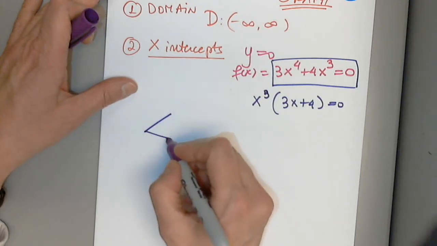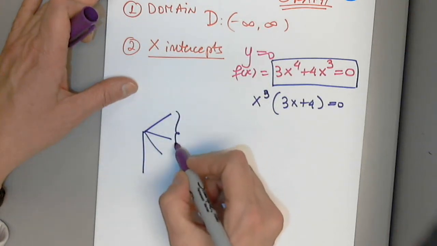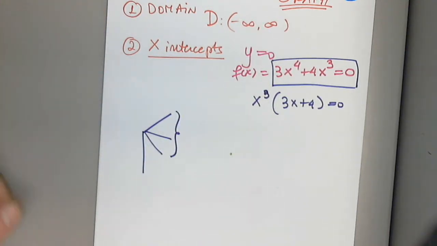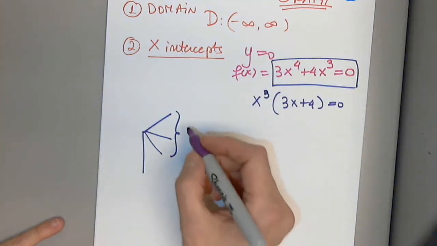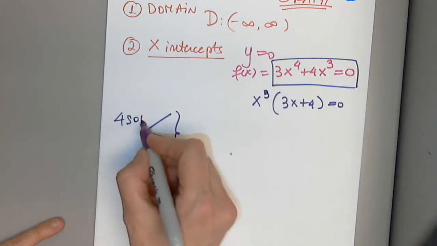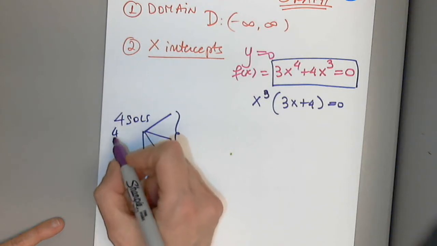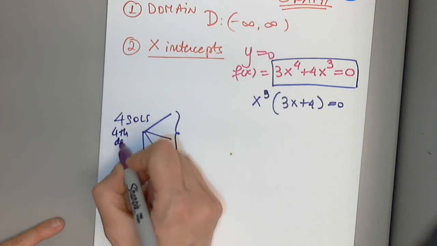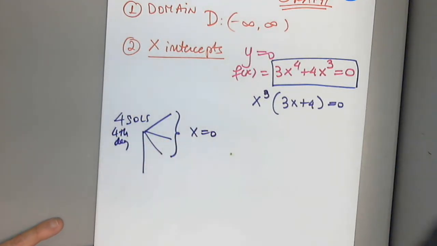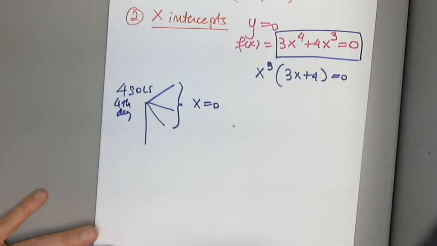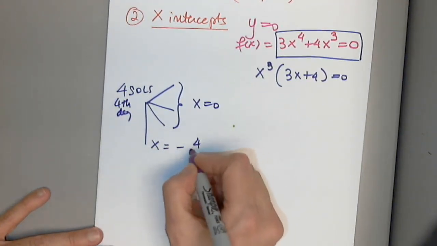Can anyone give us 4 solutions? Even if some of them are the same. 4 solutions, degree 4. Fourth degree. Yes, x equals 0, correct? Negative 4 over 3. Excellent.